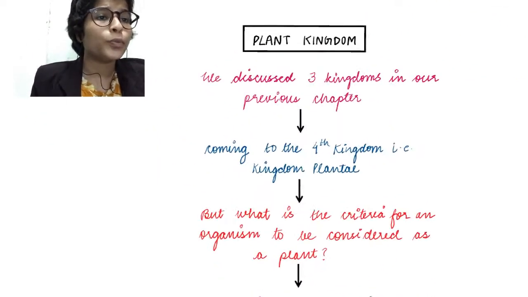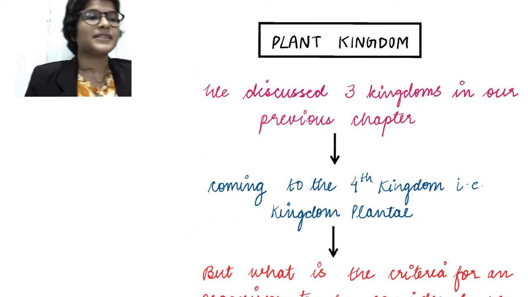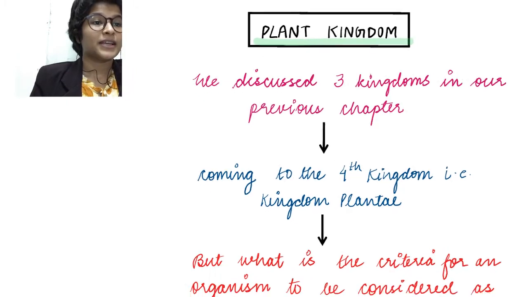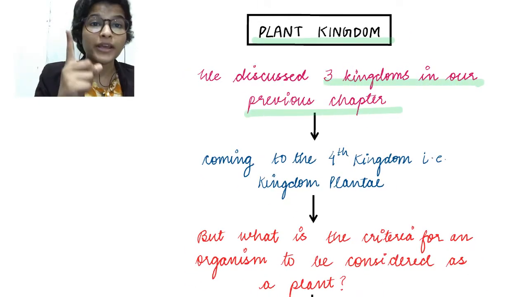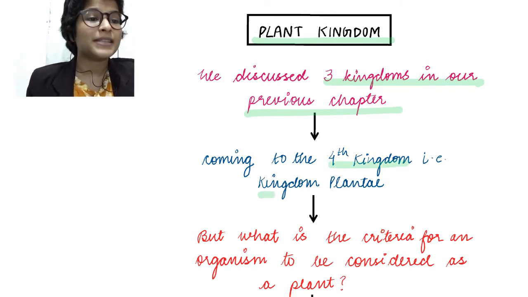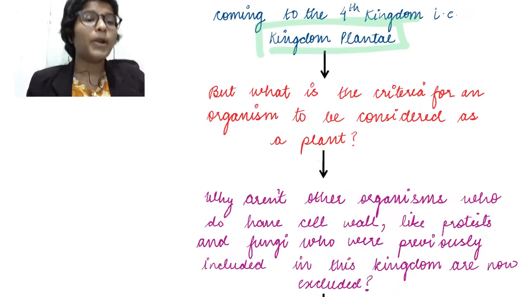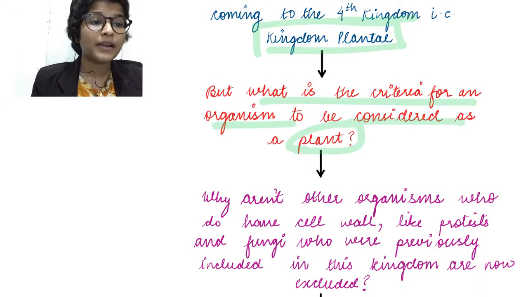So going on to page number 1 of our notes. Yes. So kingdom Plantae. We have discussed 3 kingdoms in our previous chapter, that is Monera, Protista and Fungi. So coming to the 4th kingdom, kingdom Plantae. But what is the criteria for organisms to be considered a plant?